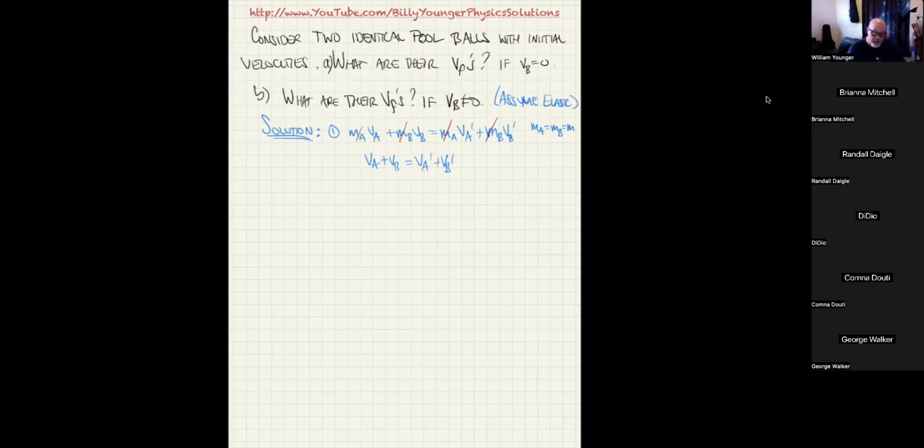The reason I mention that is I want you to realize you can use that one equation even when it's not elastic, because that's just conservation of momentum, and conservation of momentum occurs whenever the net force acting on the system is 0, or when the net force acting on the system is really, really small compared to the other forces.